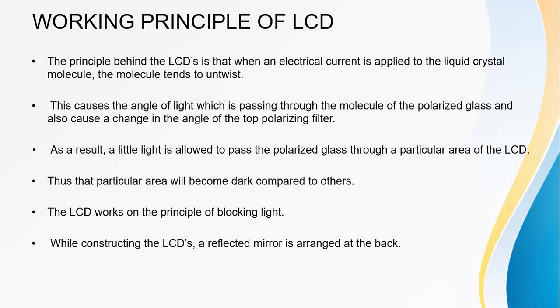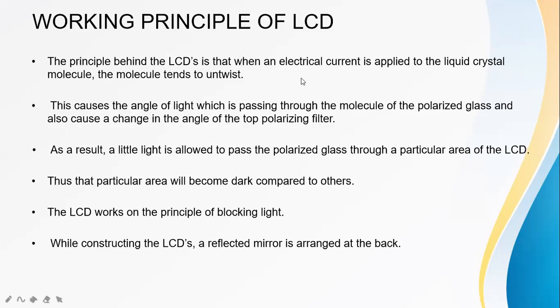This variation in the molecules causes a change in the angle of the light passing through the molecule of the polarized glass, and also a change in the angle at the top polarizing filter. As a result, a little light is allowed to pass through the polarized glass in a particular area of the LCD.